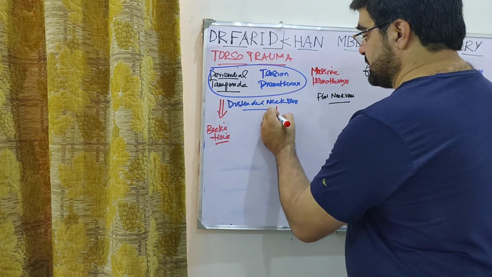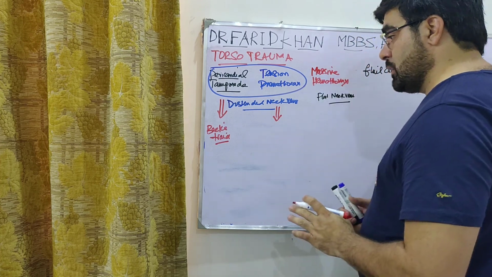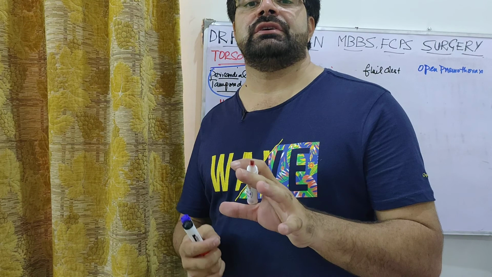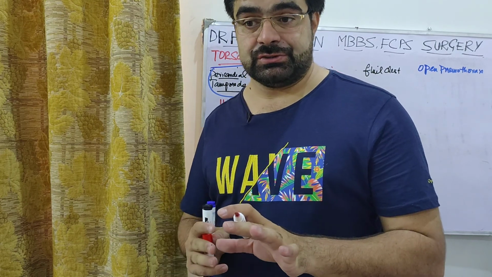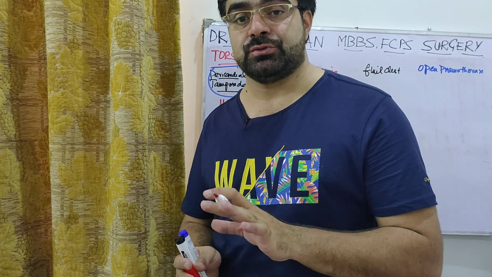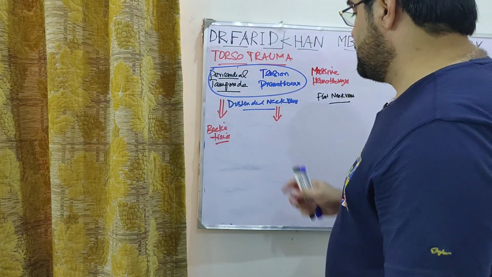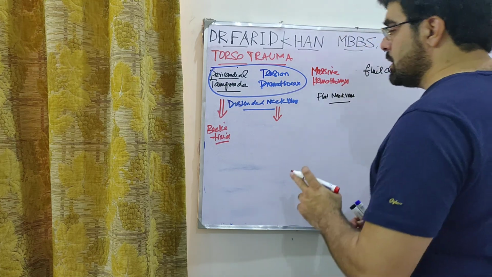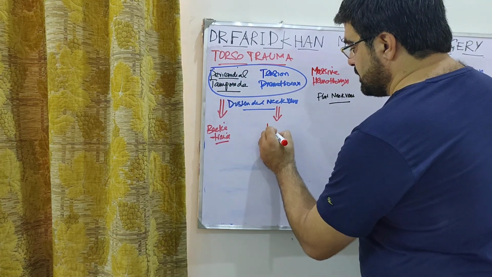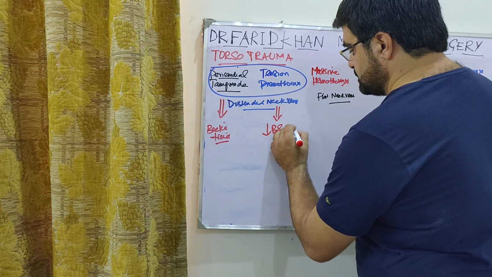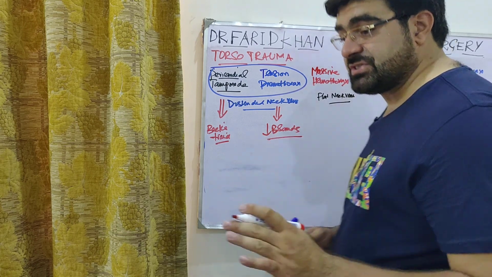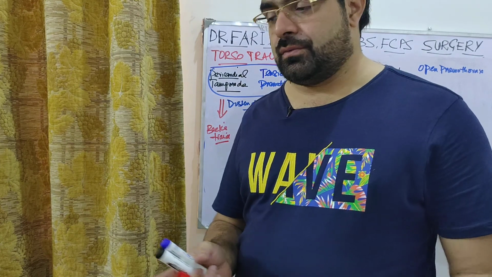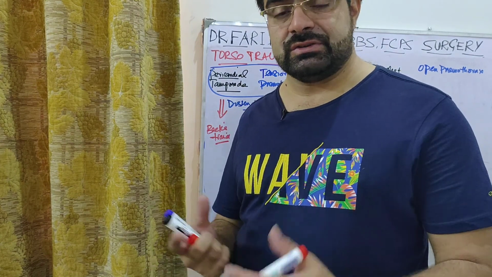In tension pneumothorax, there will be hypotension unresponsive to resuscitation, and there will be decreased breath sounds on the affected side and hyperresonance of that side, as there will be air.